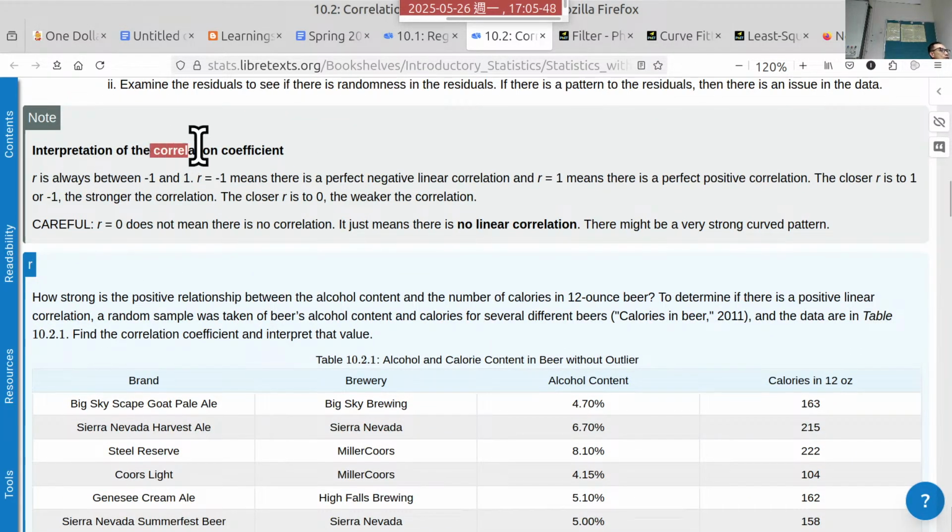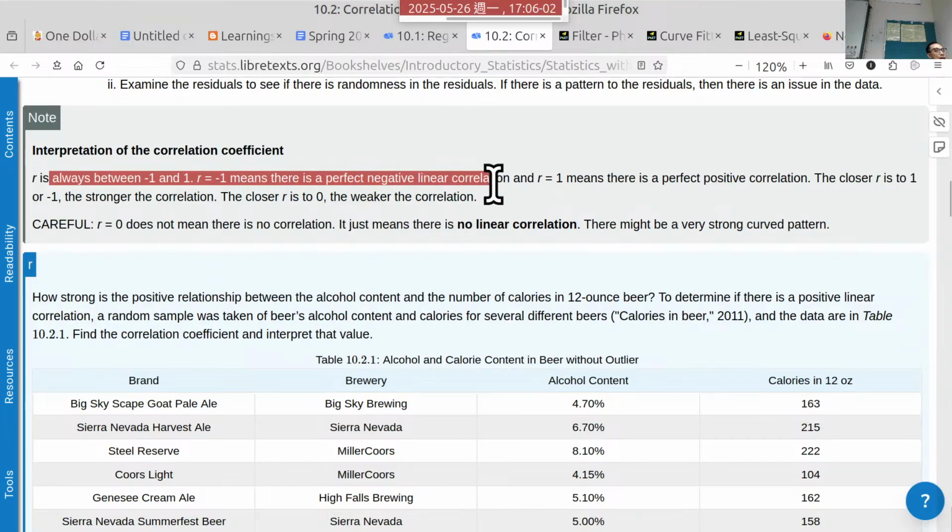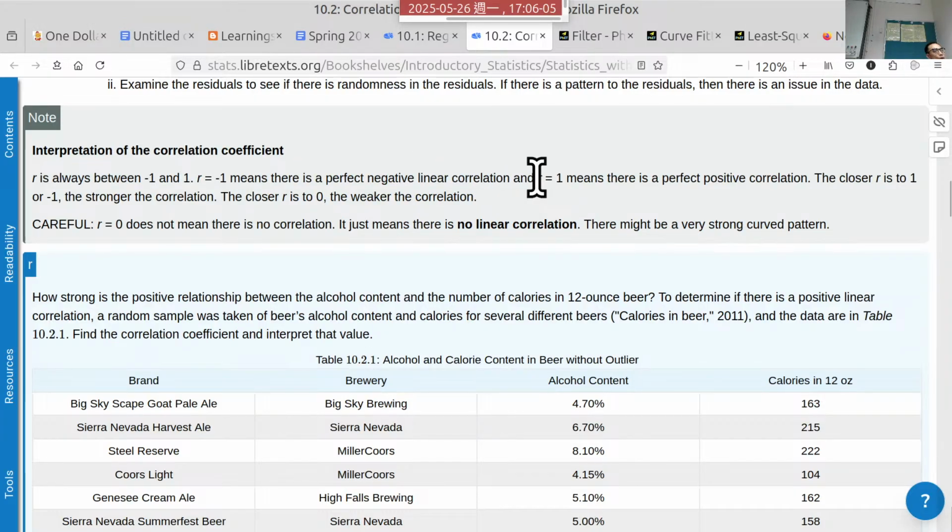Interpretation of correlation coefficient. R is always between -1 and 1. When R is -1, it means a perfect negative linear correlation. And when R is 1, it means perfect positive correlation.